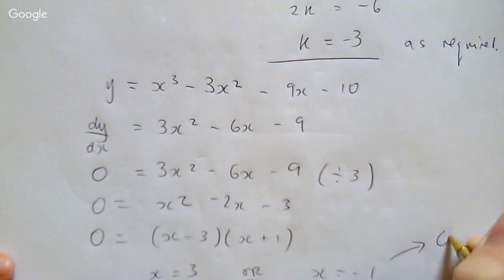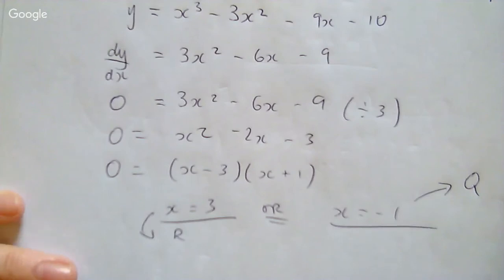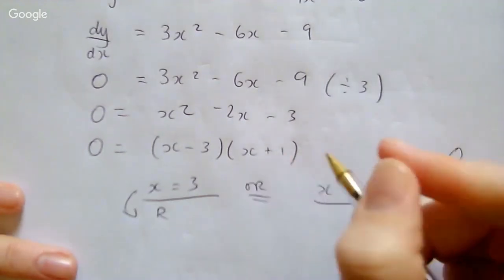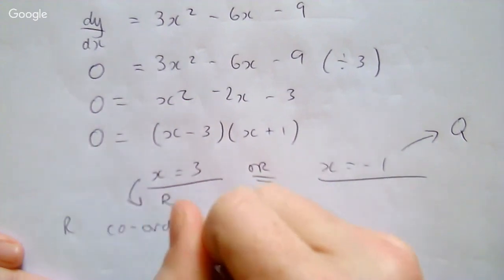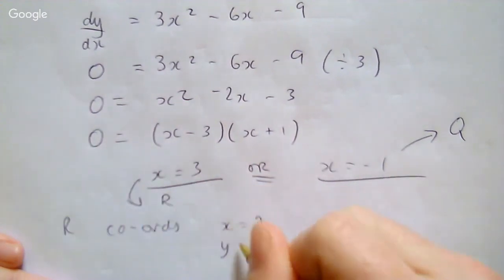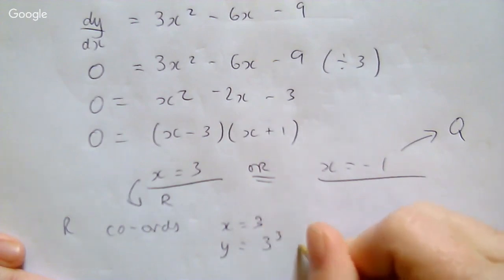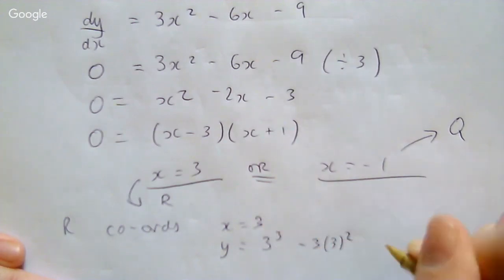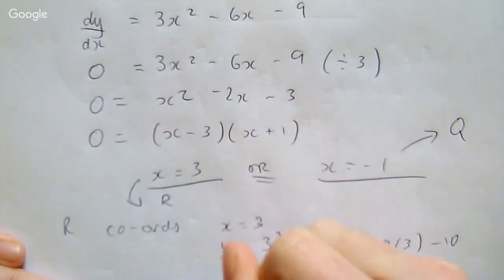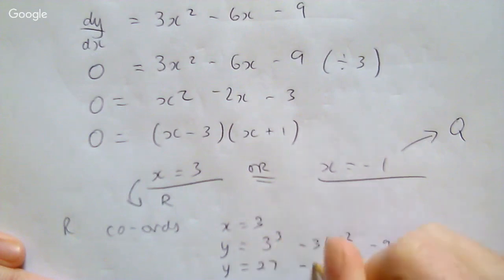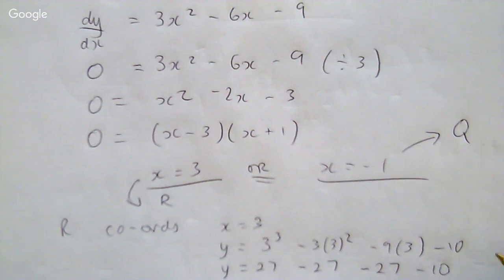x equals minus 1 was Q. So this x equals 3 must have been R. R must have been the one at 3. Okay? So the coordinates of R: x equals 3, y is equal to x cubed, so 3 cubed, minus 3 lots of 3 squared, and then minus 9 lots of 3, and then minus 10. So we're going to get 27 minus 27 minus another 27 minus 10.